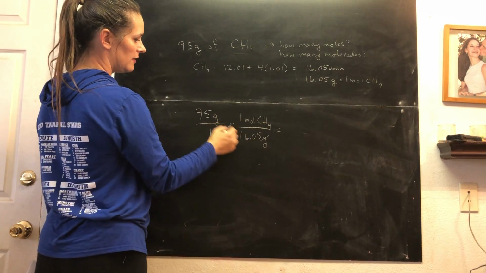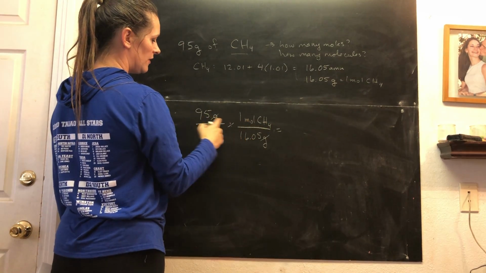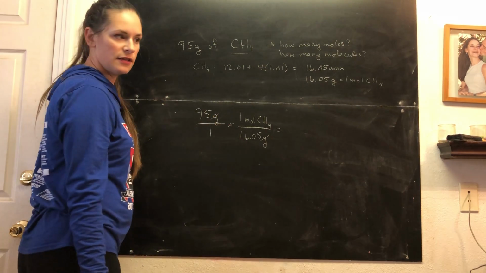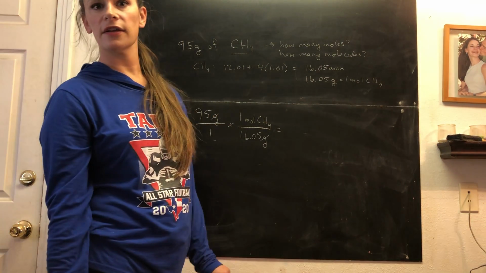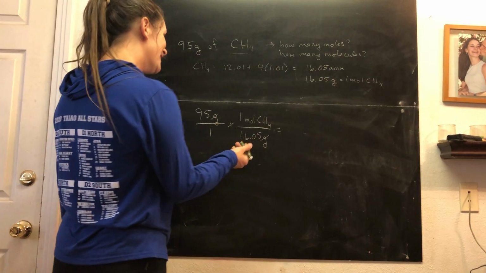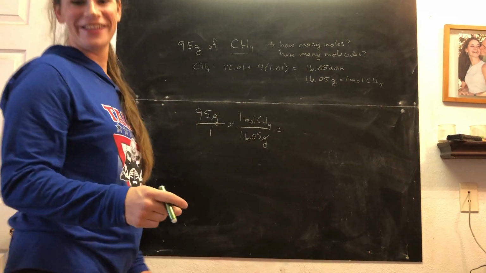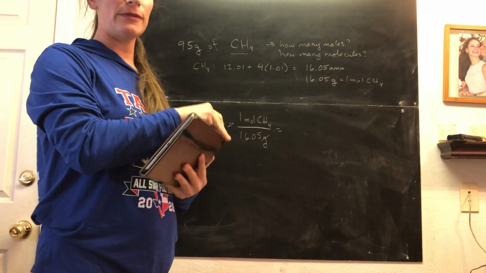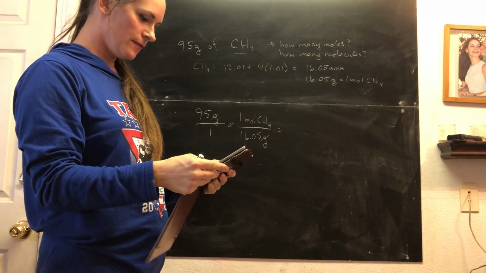So now I can cancel out grams, and now I have to divide. I don't have a calculator, so I guess I'll have to use this as a calculator. I usually use my phone, which is recording right now.